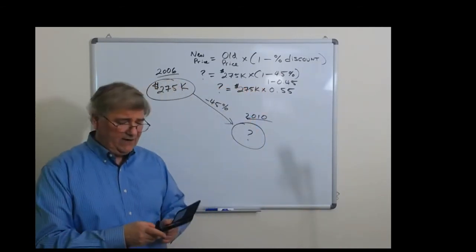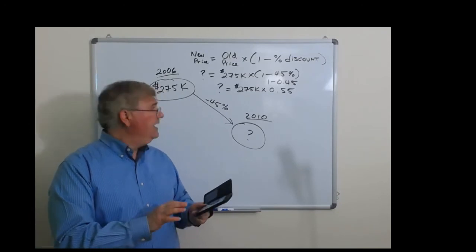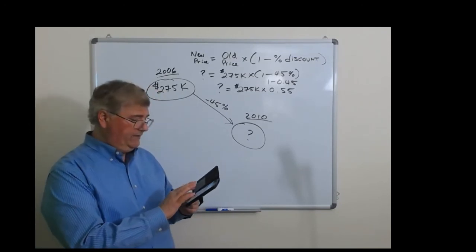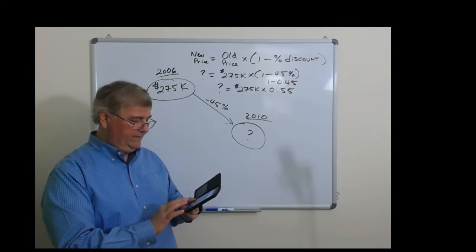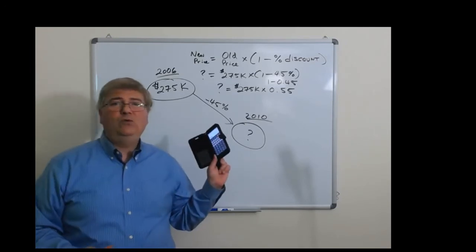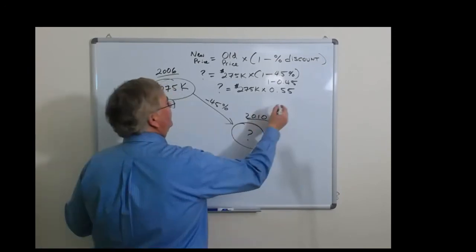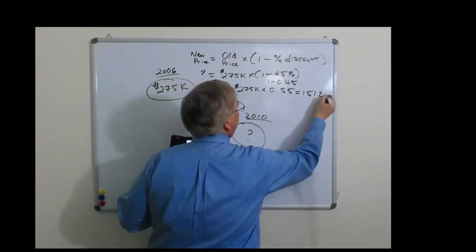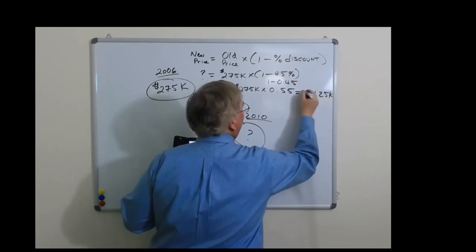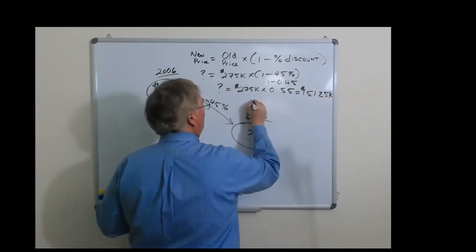So now we need to take our handy-dandy calculators and multiply 275 times 0.55, and we get 151.25. I'm going to continue this over here. 151.25K.